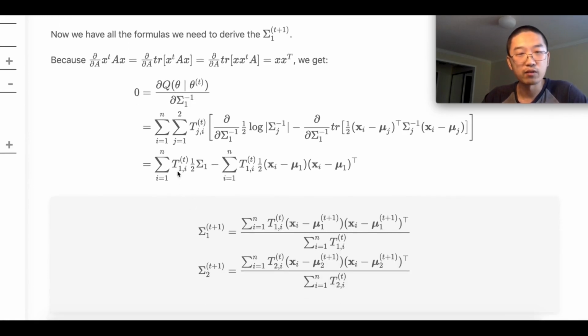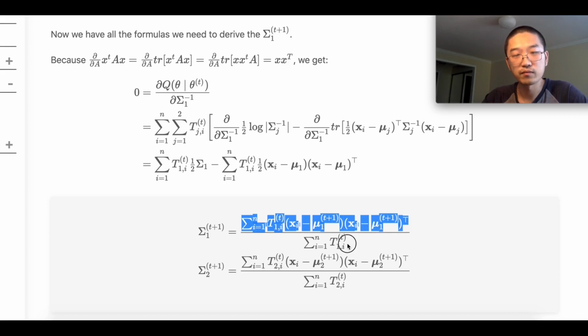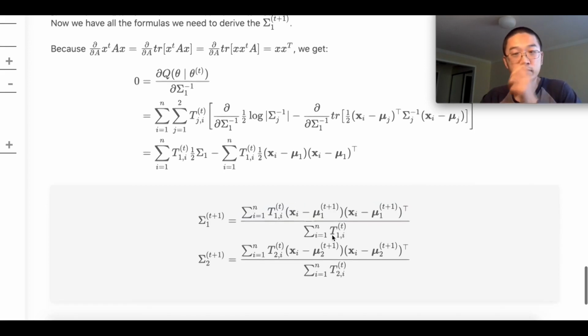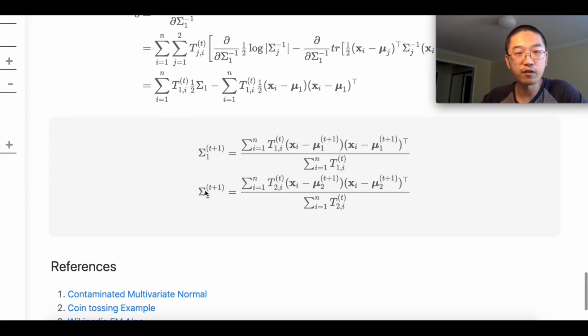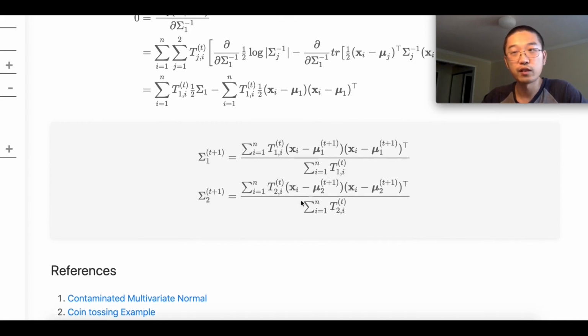By moving these terms around, we get the sigma 1 at t plus 1 term equal to this. Same for sigma 2.